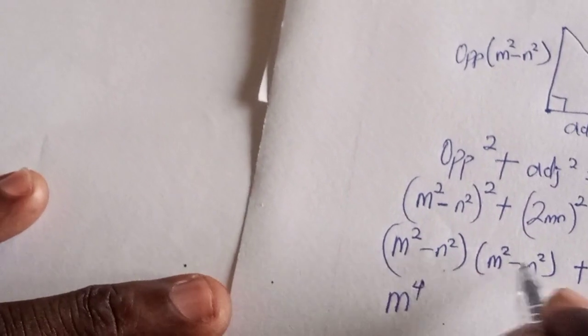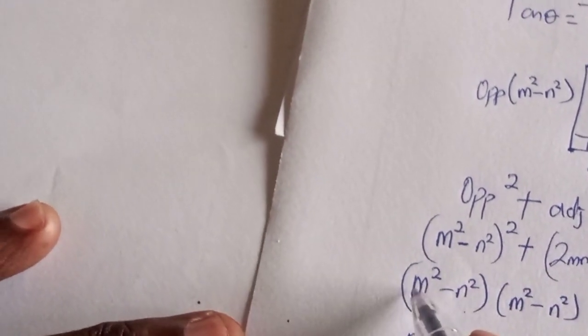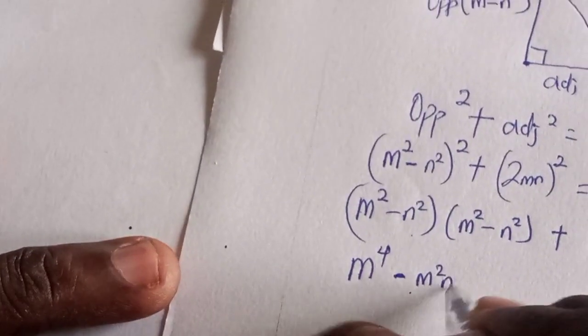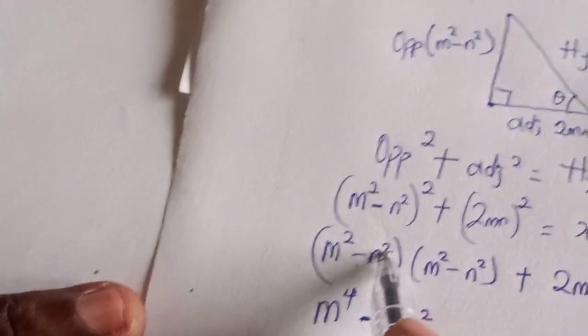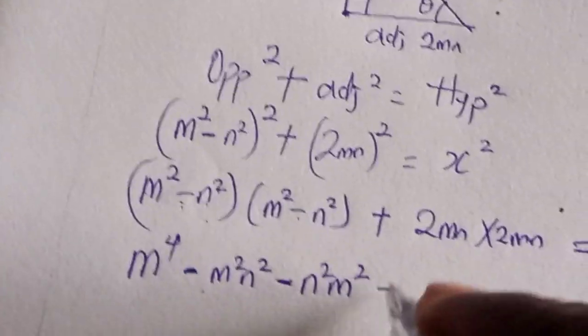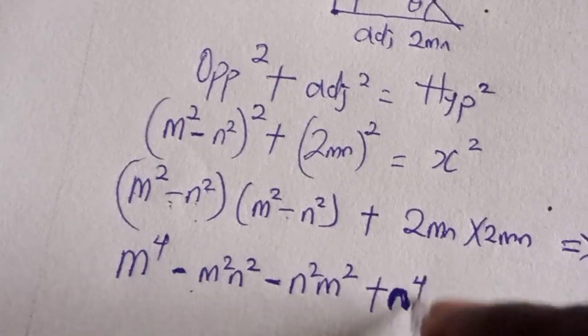Then m² times minus n² gives us minus m²n², minus n² times m² gives us minus n²m², and minus n² times minus n² gives us plus n raised to power 4.